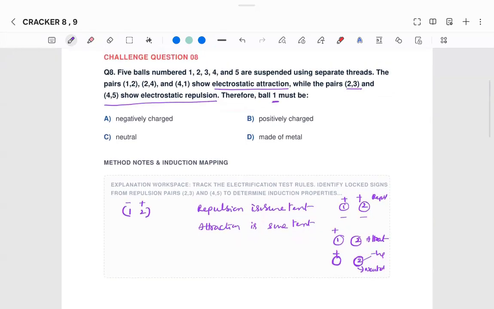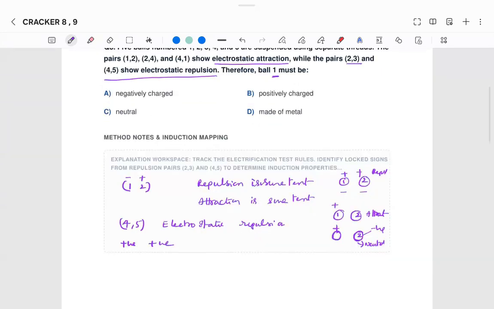Okay. Now let us see. Based on this, this question is framed. Since repulsion is a sure test, let us start with 4 comma 5. 4 and 5 show electrostatic repulsion. Assume 4 as positive. 5 also will definitely be positively charged.